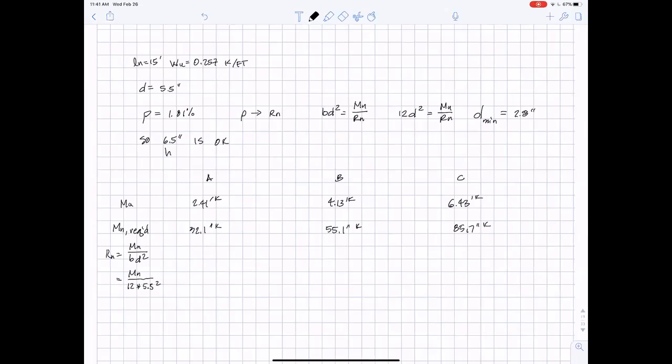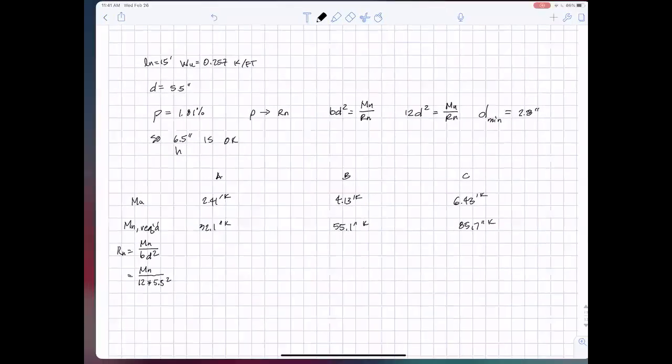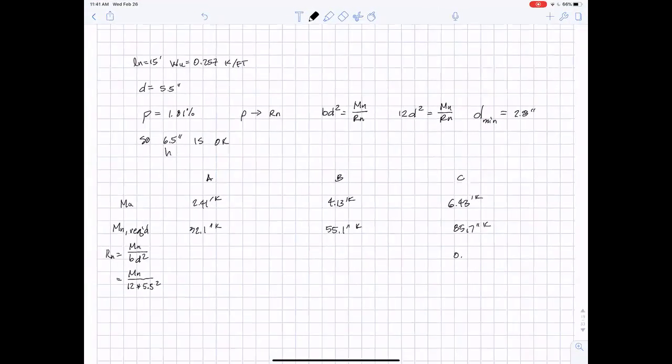So I'm going to take 85.7 divided by 12 and divided by 5.5 squared. That's 0.236 KSI.